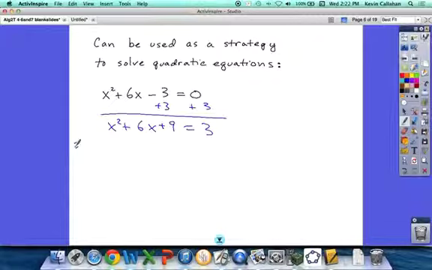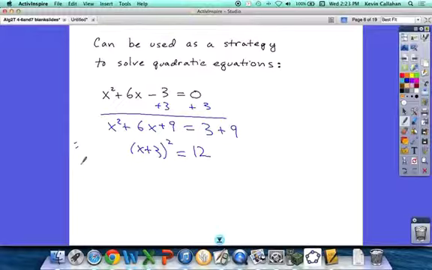Adding it to the other side of the equation, right? So plus 9. So whatever you do to one side, you got to do to the other. Now, this on the left is a perfect square, right? How does it factor? X plus 3 times x plus 3, otherwise known as x plus 3 squared, which is 12.